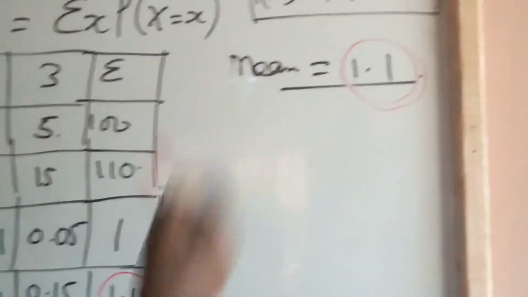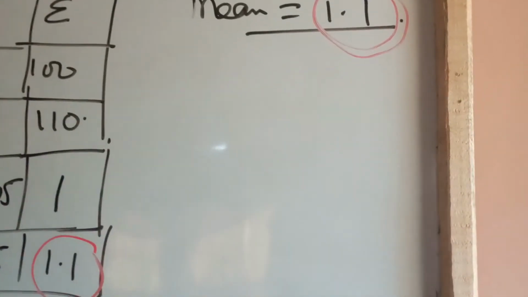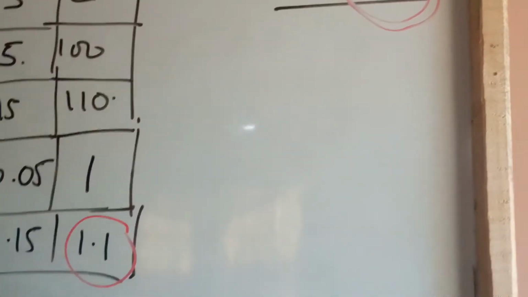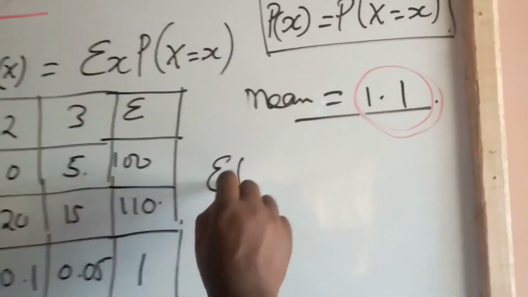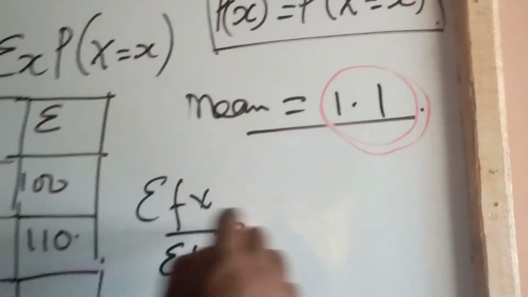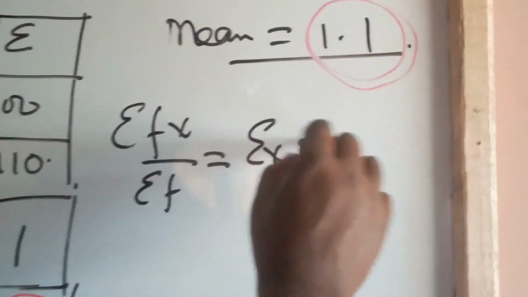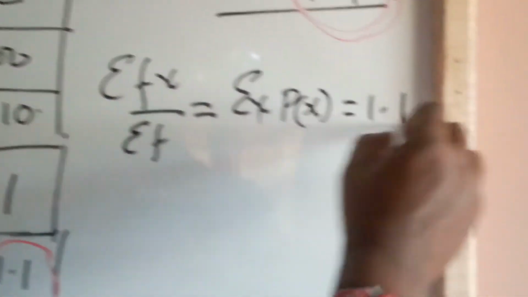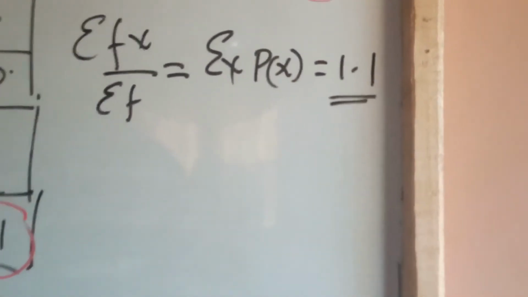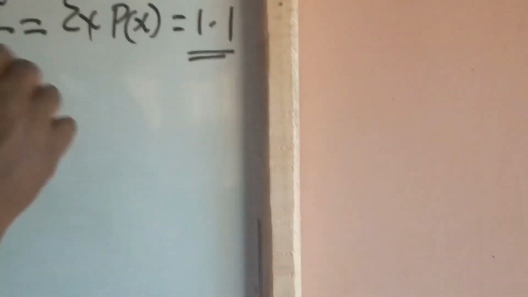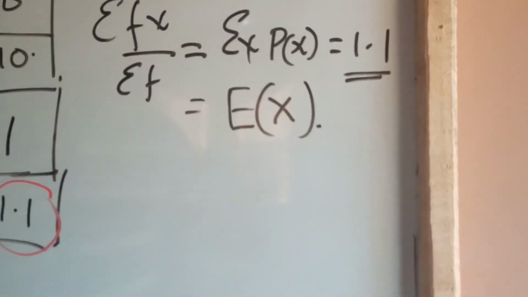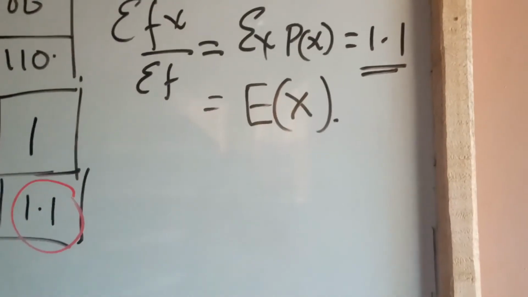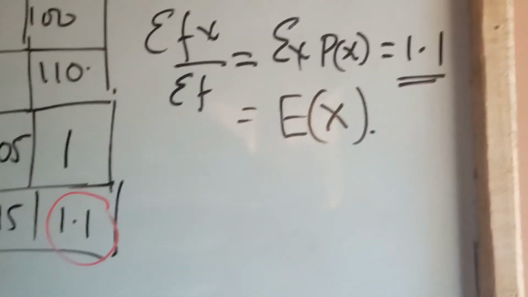and say the following. We have seen that sigma fx over sigma f is equal to sigma xP(x), which is 1.1. Both of them are equal to 1.1, and therefore this is also equal to the expected value of x. It's the same thing. What can we conclude? The calculations for the mean and E(X) are similar.